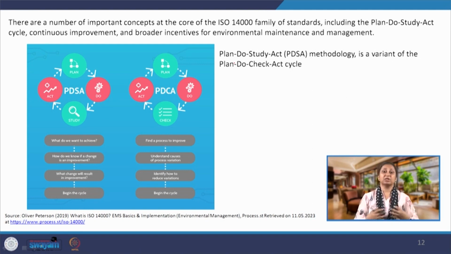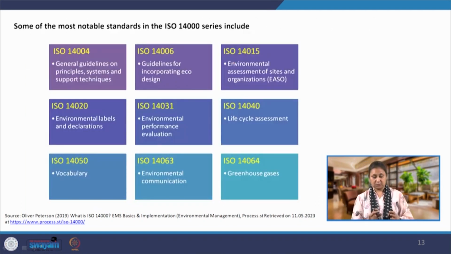Taking into cognizance the policies or actions that are being taken in the world, and the impact of that, it is an ever evolving series. So, we will find versions of that. Unlike many other standards which are static, this one is dynamic in nature, and every few years a study is carried out on how it is performing, and then the revisions will happen. So, plan, do, study and act is the principle that it is based upon.